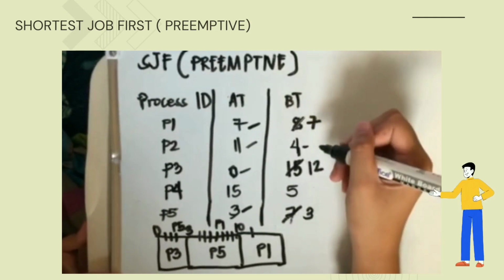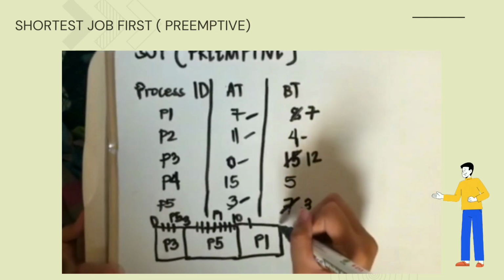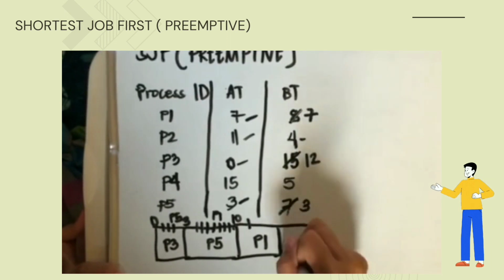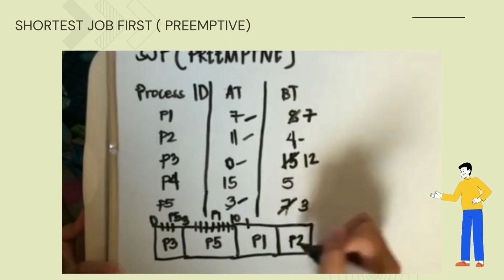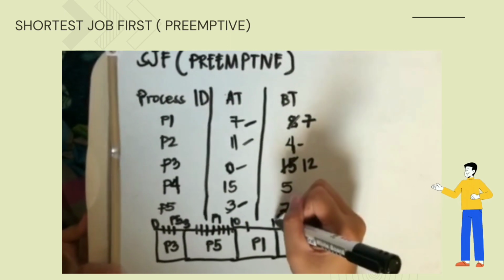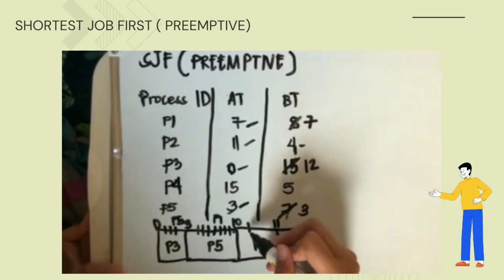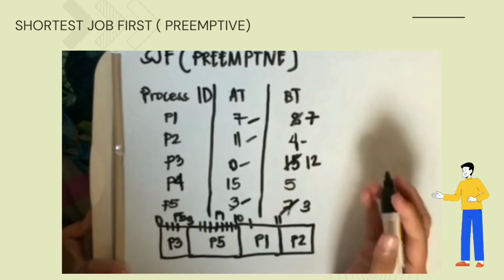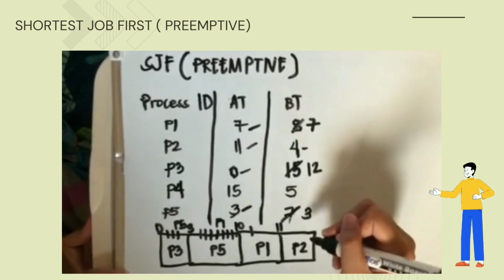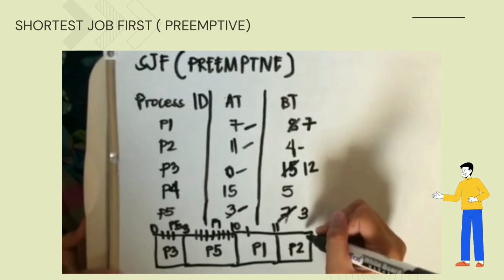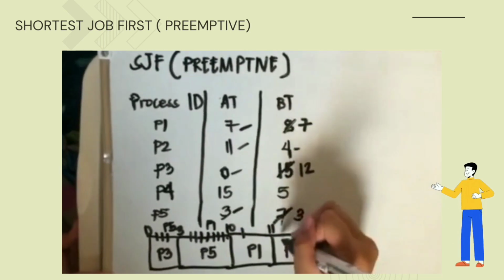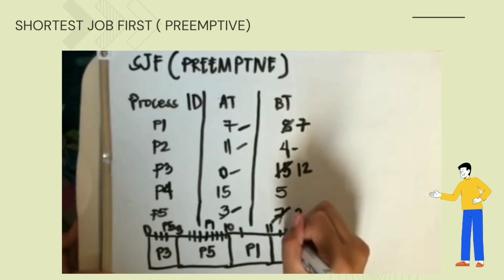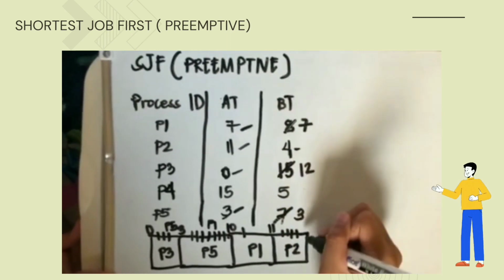So, mas mababa yung burst time ni P2, kaya naman, pinauna siya ni P1. Maglalagay tayo dito ng 11 dahil isa lang yung dinagdag na process. So, ngayon, ipaprocess na natin si P2 na 12, 13, 14, 15.